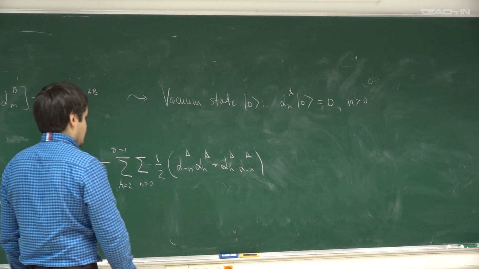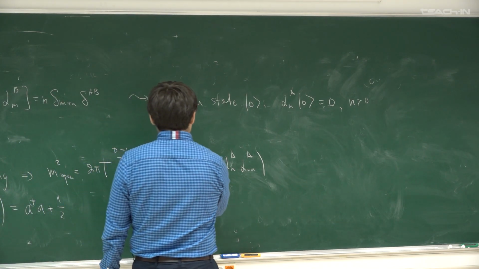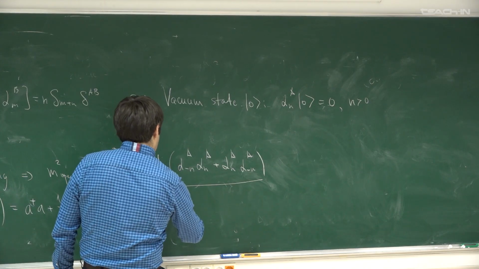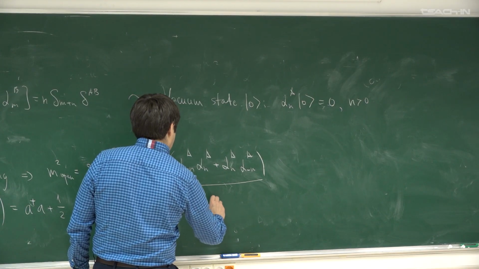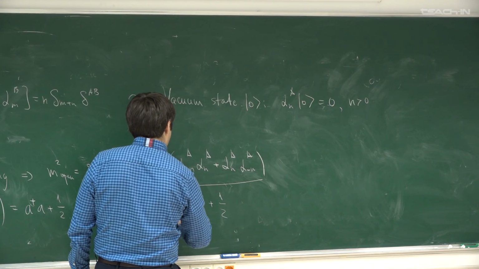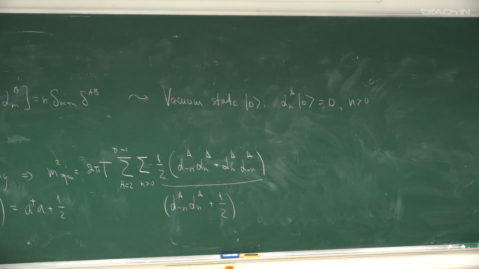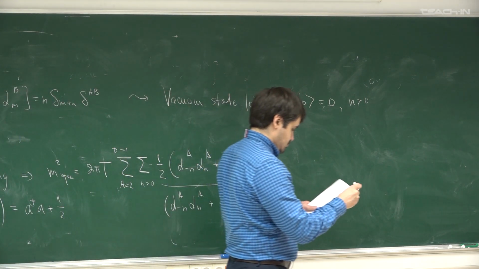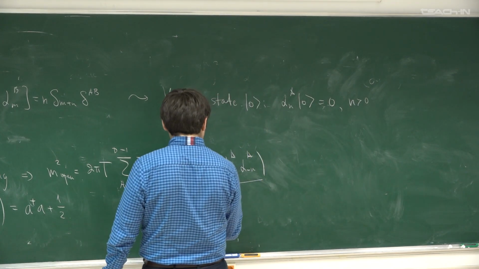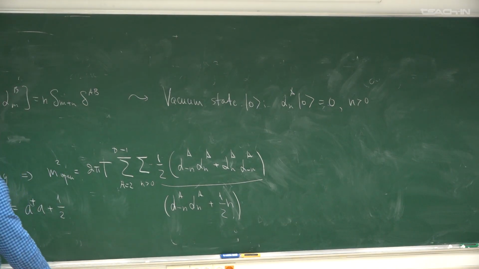Right. So then we do the same reordering as we did here, and this would give alpha minus n alpha n plus 1/2 n, because there is an n here.